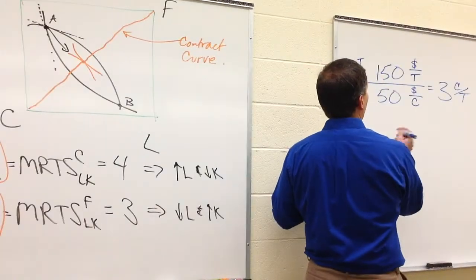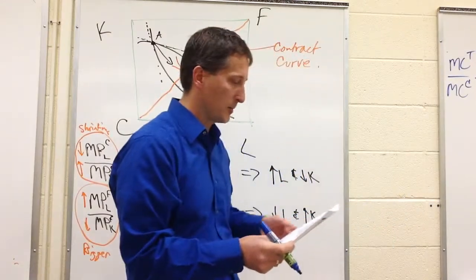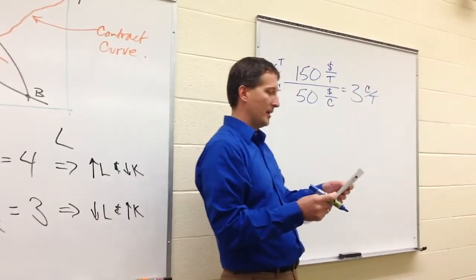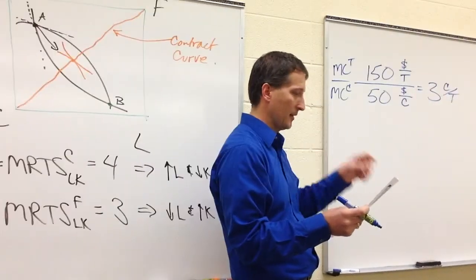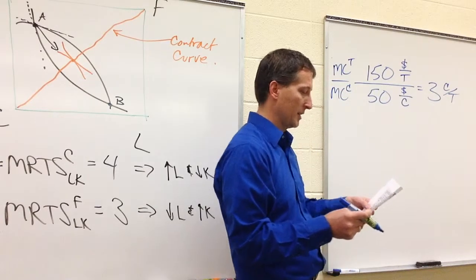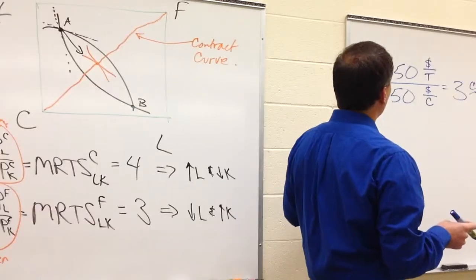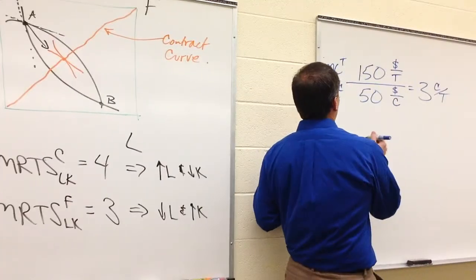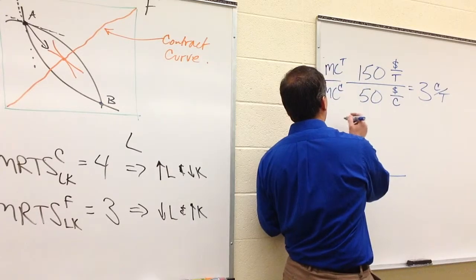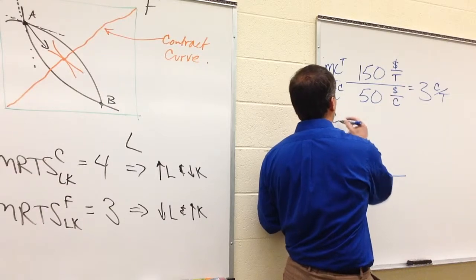Good. So that represents a tie-in to the production possibilities frontier. What is the marginal rate of transformation from clocks to televisions in Ecoland? So 3 clocks for every television. The marginal rate of transformation is that.